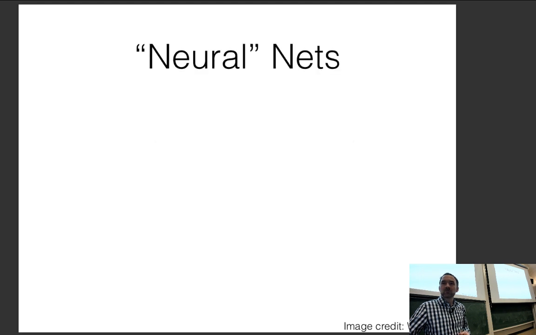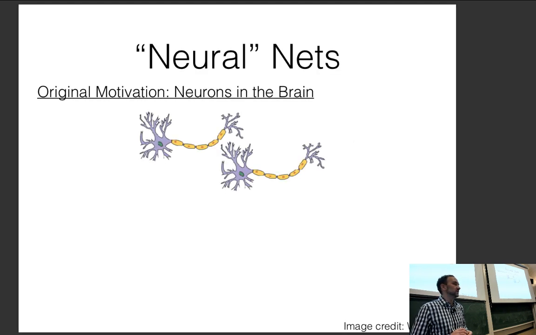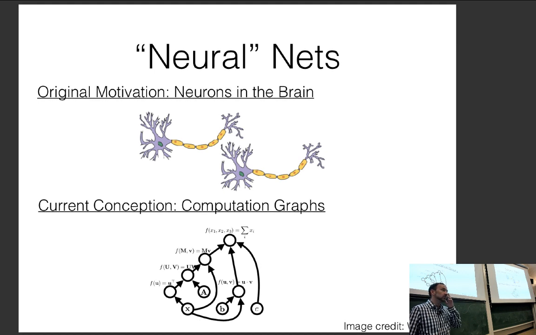The name neural network originally came from the motivation of neurons in the brain. I'm not a neuroscientist. I know a little bit about neurons in the brain, but nonetheless, I'm very good at training neural networks for natural language processing. What this indicates is that what we're talking about now is quite a bit different from the original motivation, and it's more of a mathematical object.